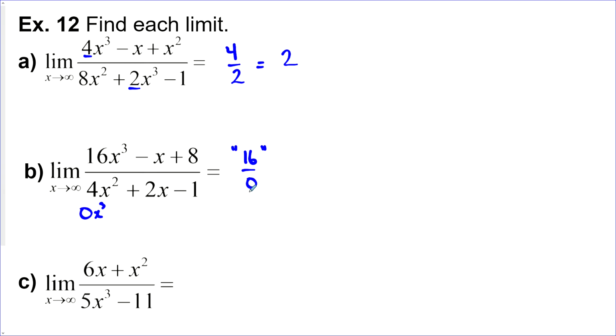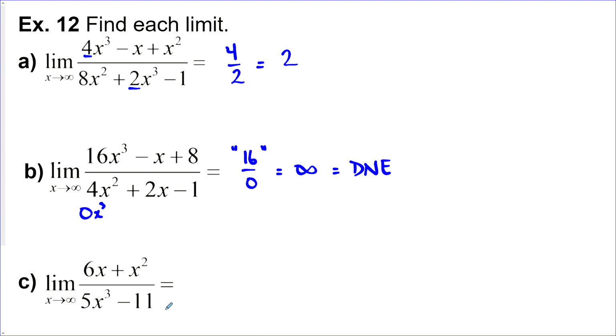If this one got closer and closer to 0, and this one was at 16 here, this would head towards infinity, which means that this limit does not exist. So no horizontal asymptote. Remember, if we divide by something closer and closer to 0, it gets larger and larger.